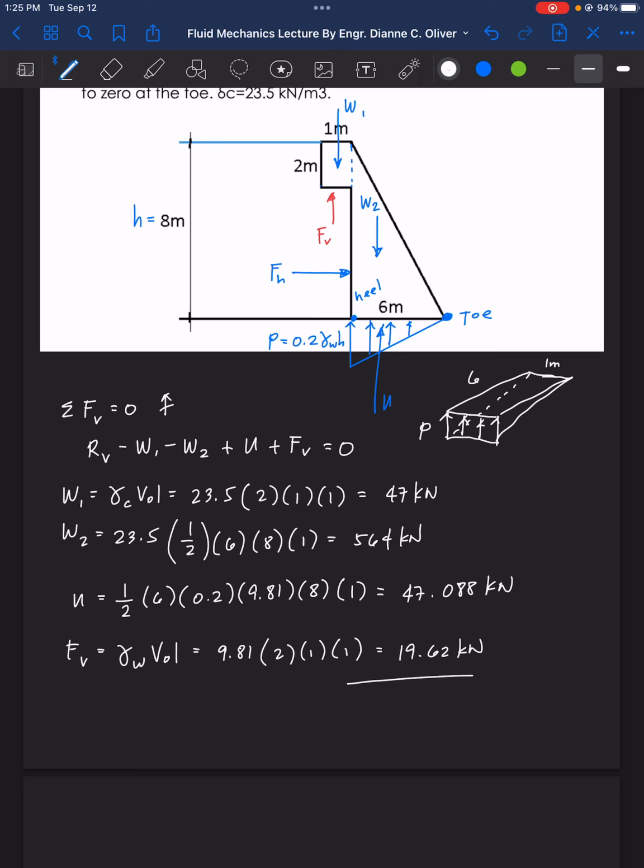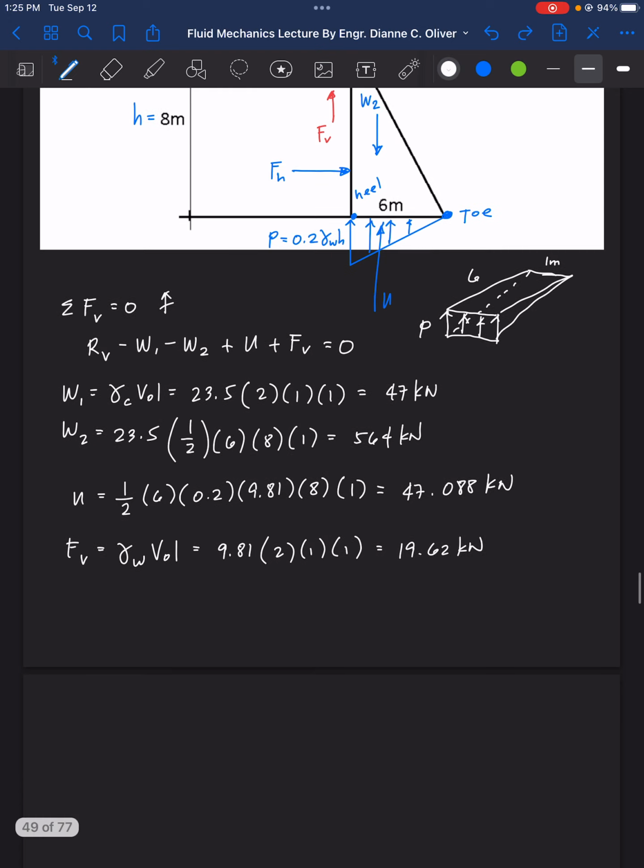Now, if we put it in the equation above, RV now is equal to, so RV minus 47 minus 564, then plus 47.088 plus 19.62 is equal to 0.